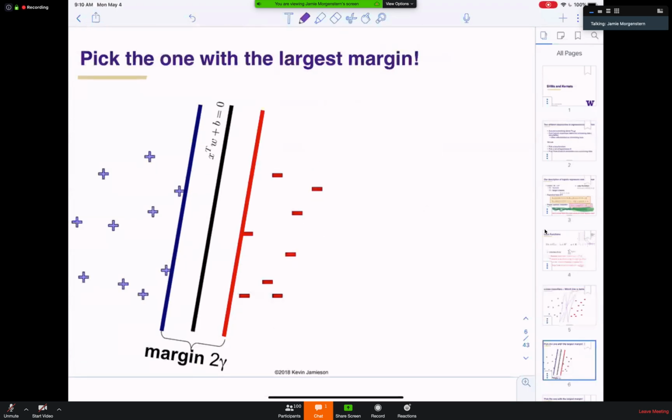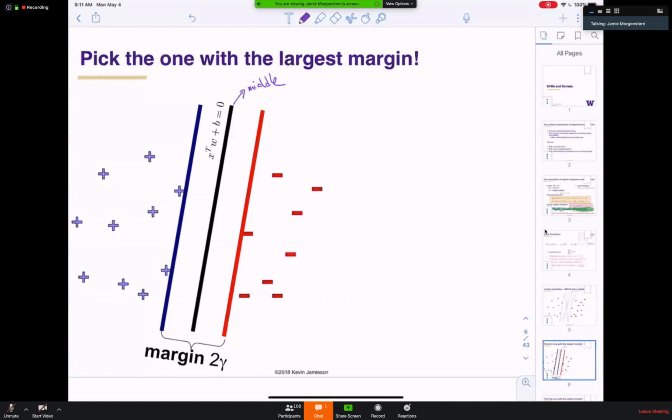Okay, so if we want to be somewhat more formal about what we mean by the middle one, middle in high dimensions is a little harder to define, if we weren't just in one dimension.